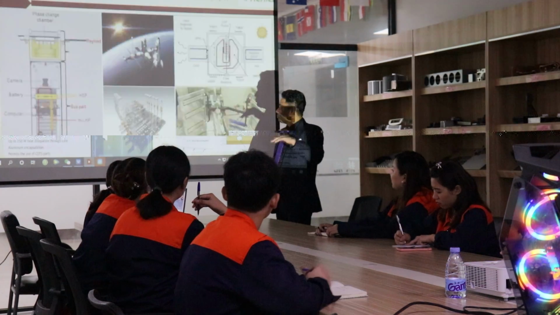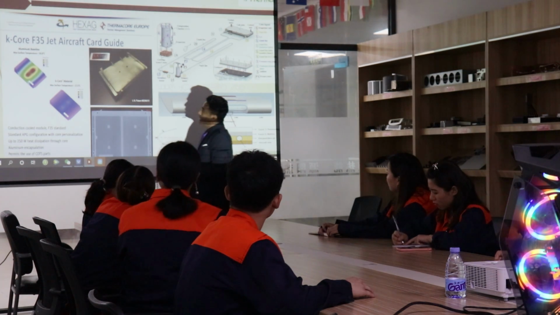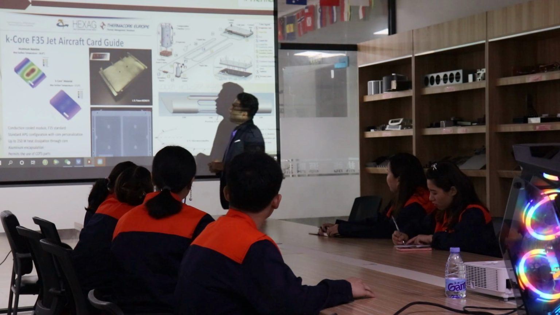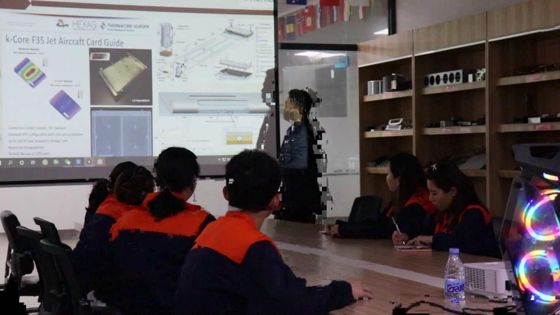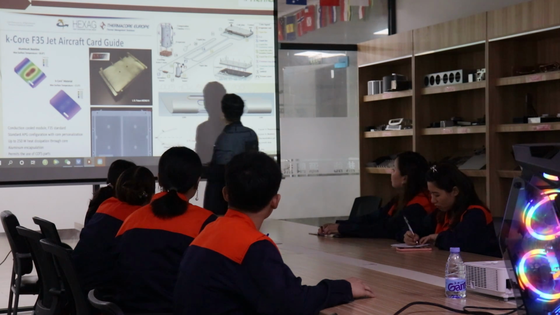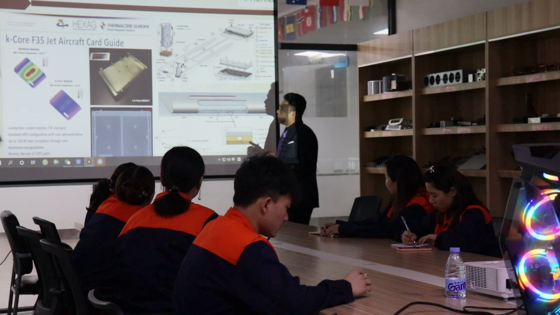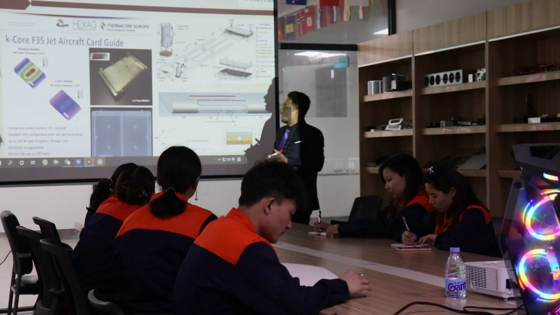Next. The F-35 jet aircraft. We find out the airplane uses cooling systems also the same as the heat pipe. This heat pipe uses titanium or copper and aluminum.